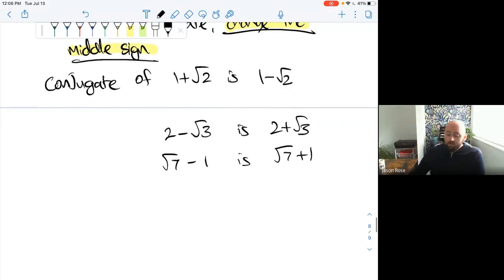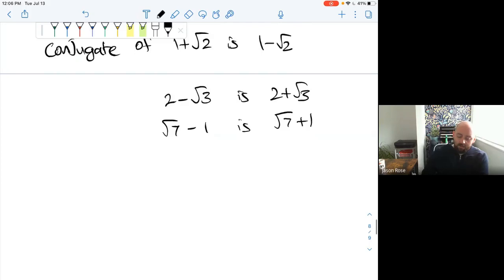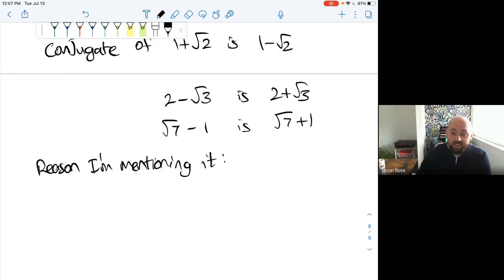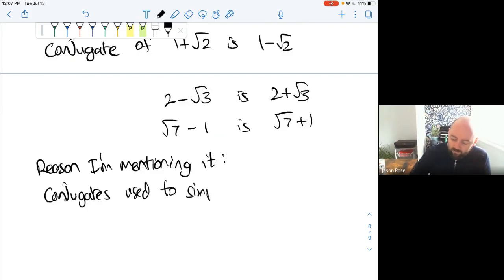Now, the reason that I'm mentioning it is that conjugates are used to simplify certain radical expressions.